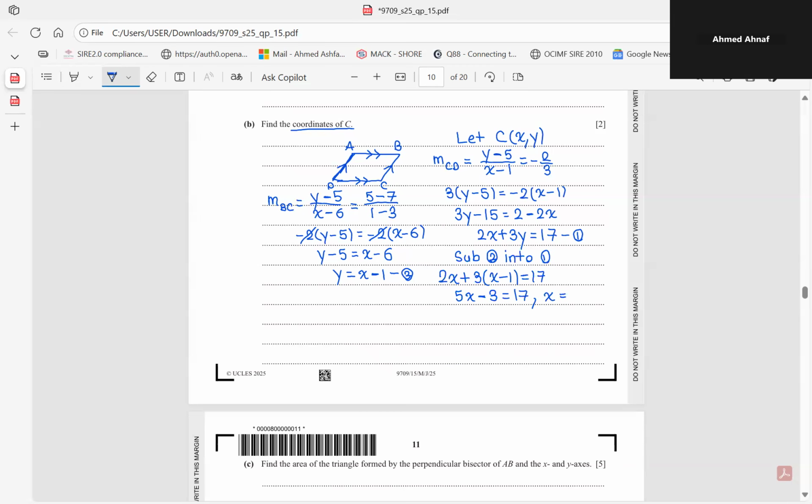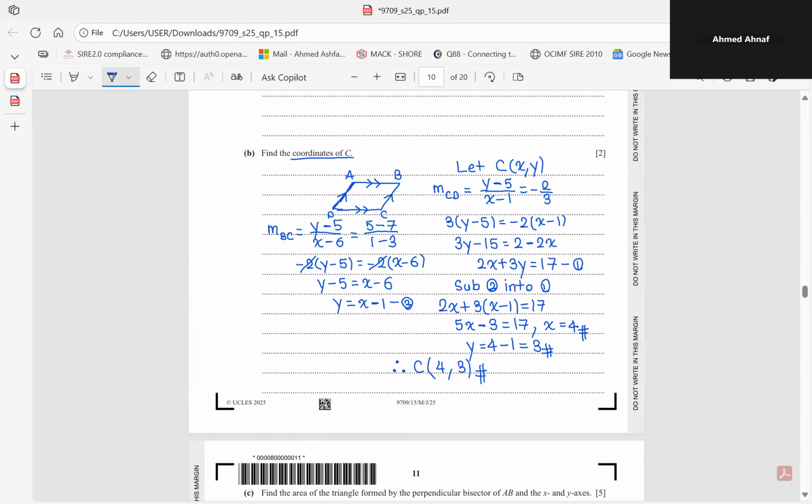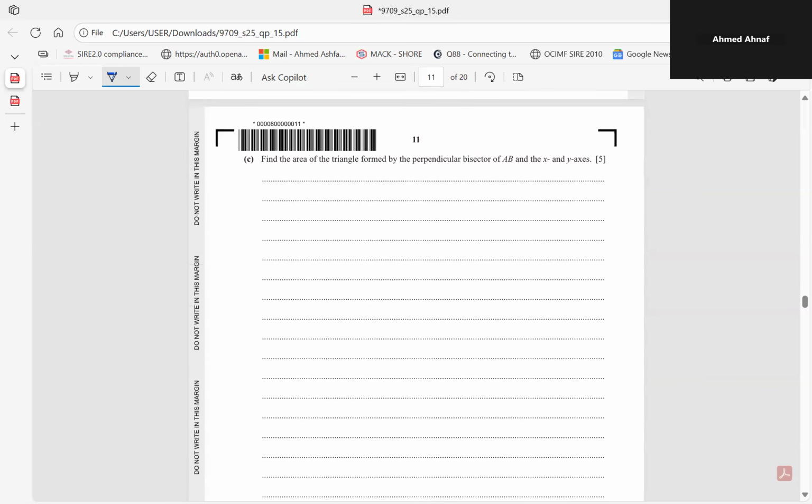Solving this, we get 5x equals 20, and x would be 4. Now let's find what y is. y is just 4 minus 1, which is 3. So C would be equal to (4, 3). So this is our final answer for this part. Let's head on to the next part.